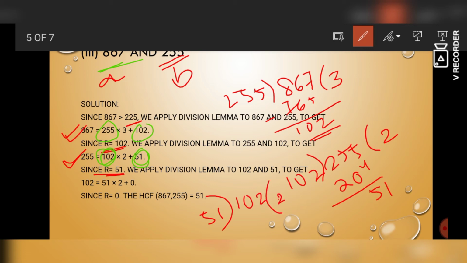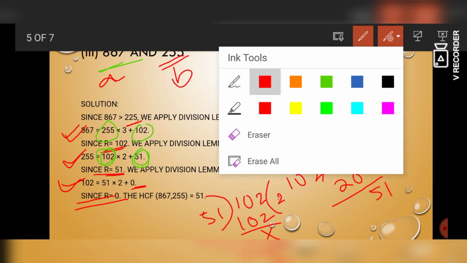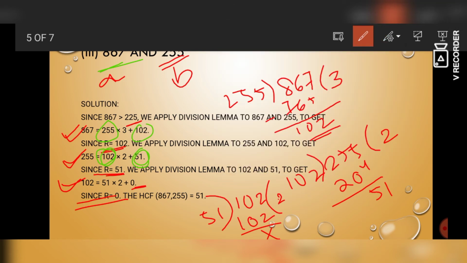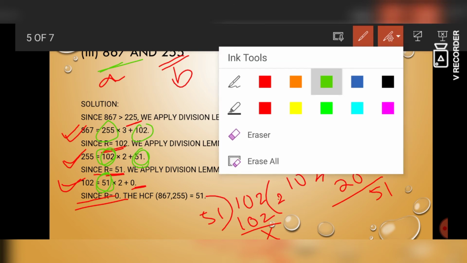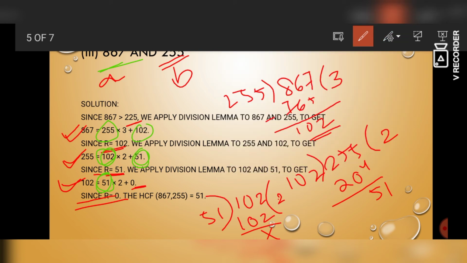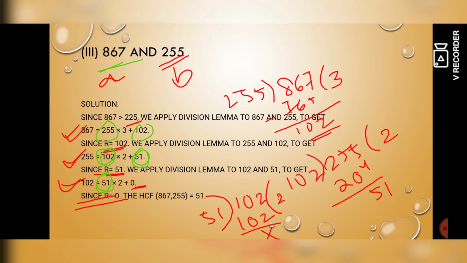This will go 2 times. It will become 102. Now we are getting the remainder as 0. So we can write 102 as 51 into 2 plus 0. Our remainder becomes 0, so our HCF will be 51. This is how we use EDL, Euclid's division lemma, to find HCF of two numbers.